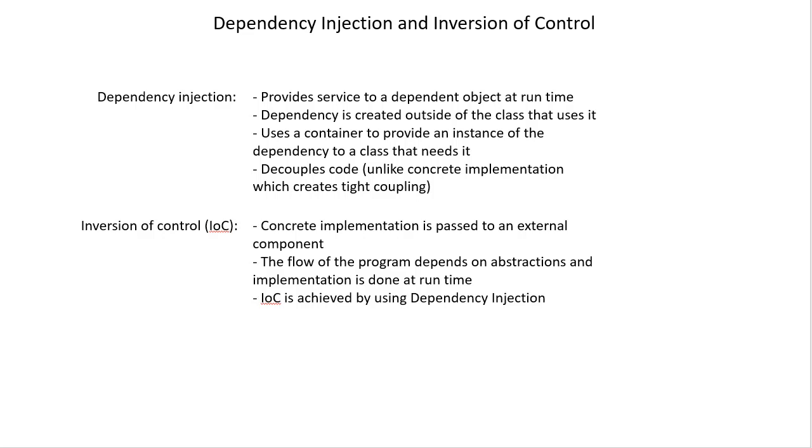So we will have 3 pieces in place for each of the classes. Well, 4 pieces if we count the classes themselves. These are the models we already created. So the interface with necessary methods, the implementation class that implements those methods, and the controller that calls those methods and has the interface injected into its constructor.